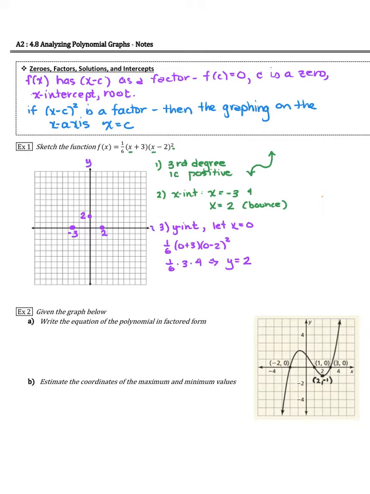Using what we determined about the basic shape of the graph, we come up, cross the y-axis here, bounce at 2, and then take off. That would be graphing a cubic function without plotting a lot of points or doing any table of values. It's pretty powerful to be able to use the degree, the lead coefficient, and a couple characteristics from the graph. But now that you did a graph from an equation, we're going to go the other direction and come up with the equation given the graph.